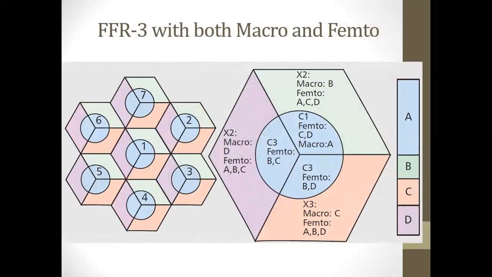In this solution, you have sectoring, and again you have large share A and BCG. Macro is using B, C, and D for the same edge users. So like before, the same edge users will have different colors.